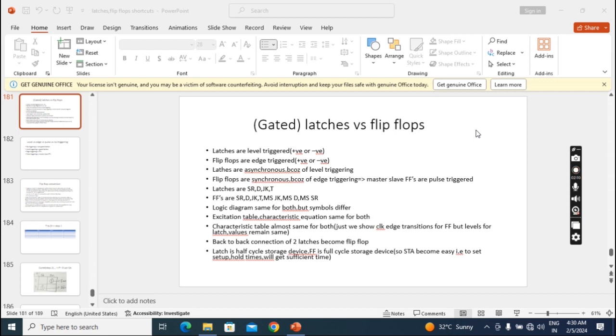Physical design engineers will get sufficient time for setup and hold time, because a full cycle is available with a flip-flop. But STA becomes difficult with latches, because only a half cycle is available for setup and hold time. So STA becomes more difficult in latches. These are the comparisons.